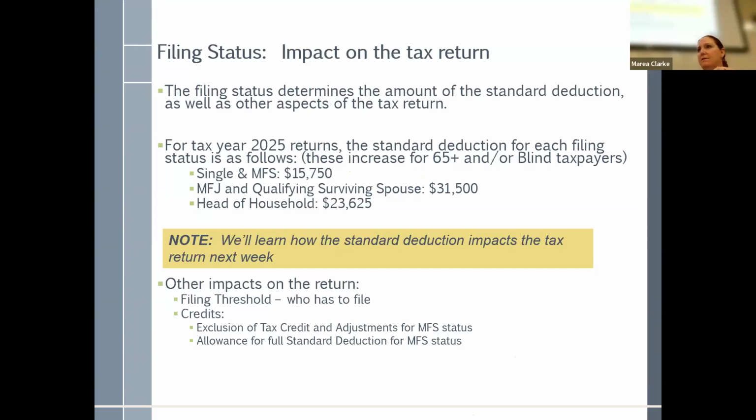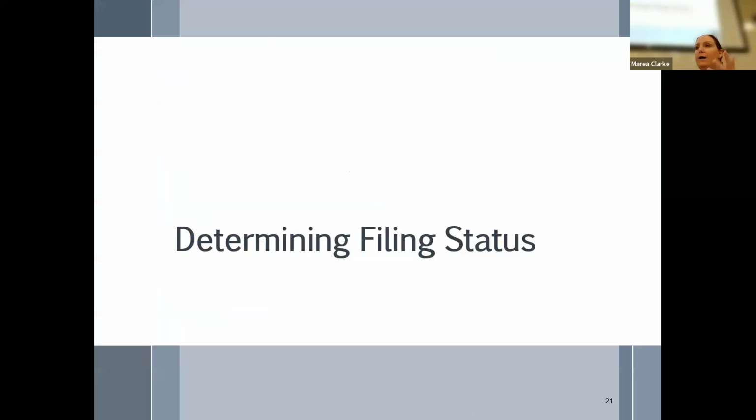In particular, the government meddling as they do, they encourage people to get married, and they say, we want you to be married. We also want you to file a return with your spouse. So if you file separately, you're not going to be eligible for some types of credits, particularly if you file separately but you're living together. So how do we figure out what the right filing status is?